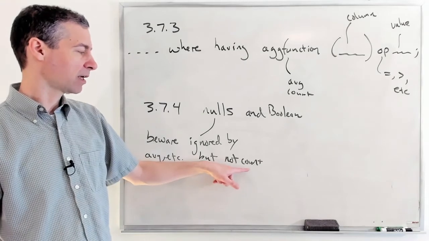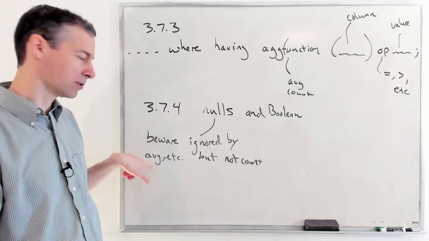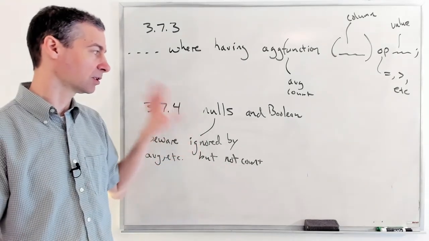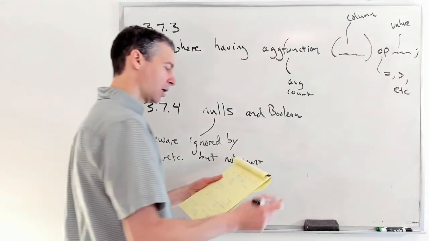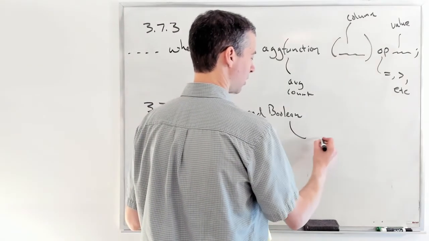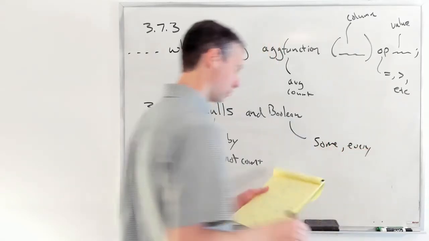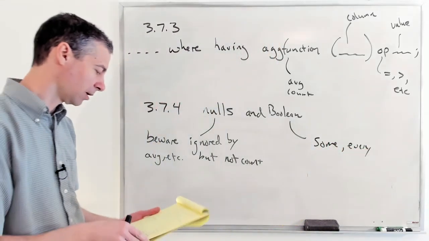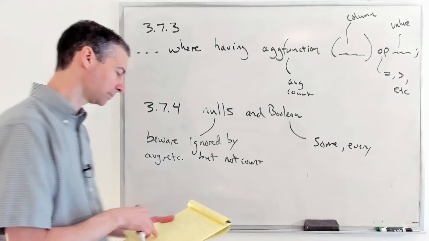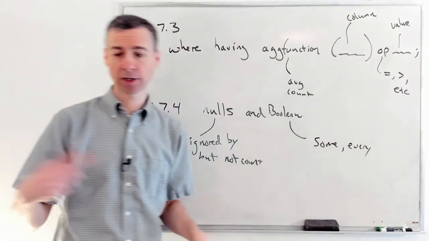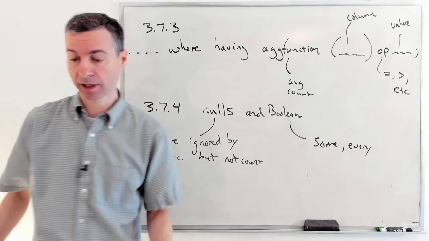But in fact, the count will not be the same as the number of people if you've got nulls in it. So it's a big warning there. It tells you that there are some aggregate methods, some and every, that you can apply to Booleans. All right. I'm going to pause the video there, come back with understanding having in a moment.